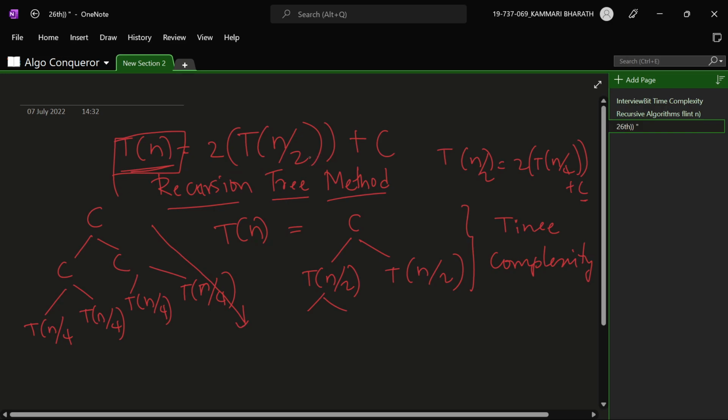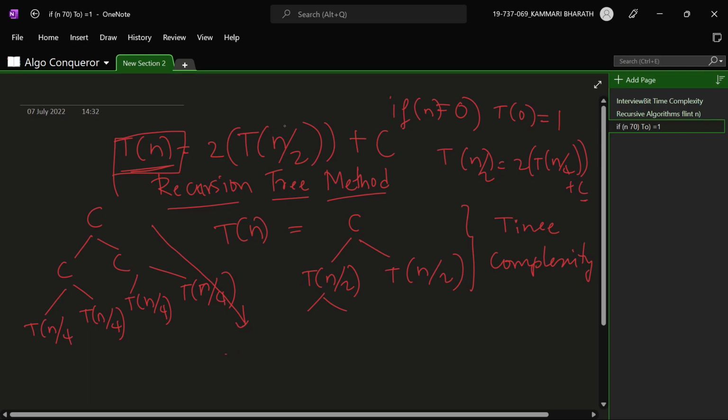And here you will be given the base conditions. If n is equal to 0, T of 0 is equal to 1. Okay. So for how long will this tree expand?